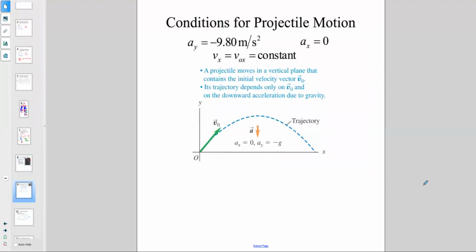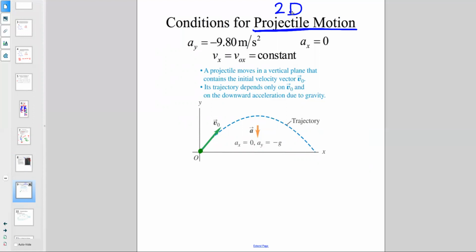So take a look at this. Condition for projectile motion. So we have a ball or an object doing a two-dimensional motion or a projectile motion. Okay, projectile means two-dimensional. Projectile motion means 2D, two-dimension.